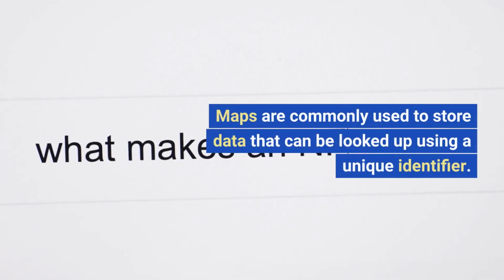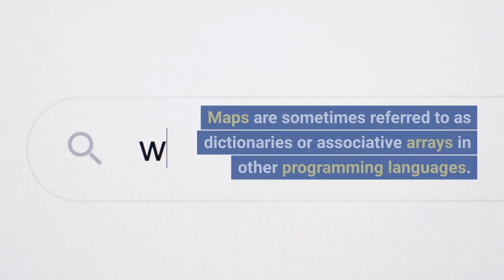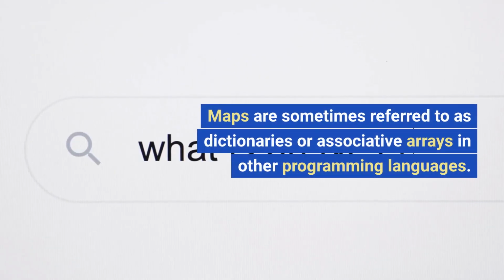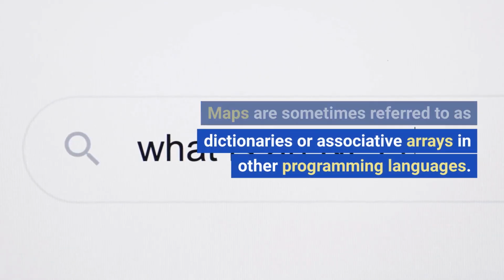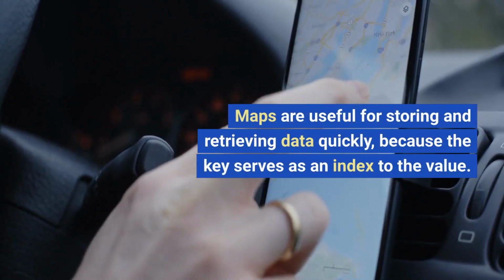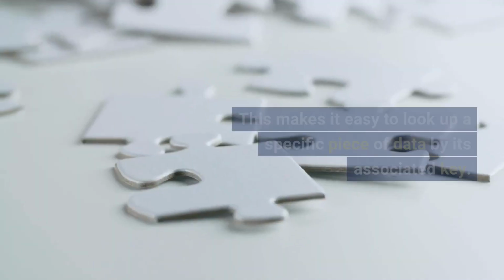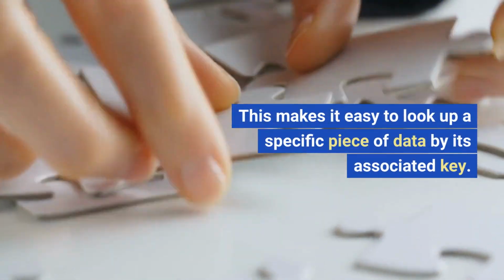Maps are commonly used to store data that can be looked up using a unique identifier. Maps are sometimes referred to as dictionaries or associative arrays in other programming languages. Maps are useful for storing and retrieving data quickly, because the key serves as an index to the value. This makes it easy to look up a specific piece of data by its associated key.